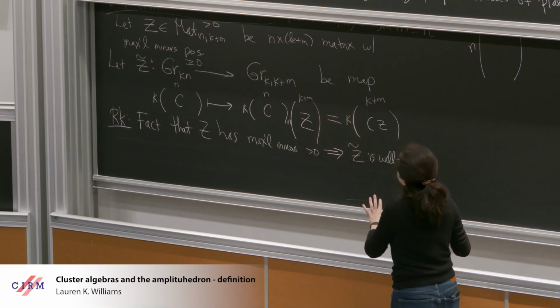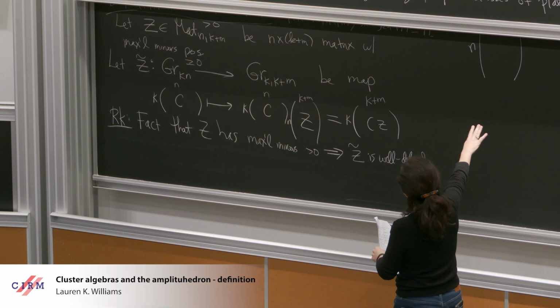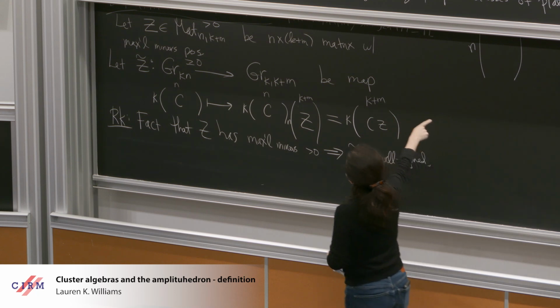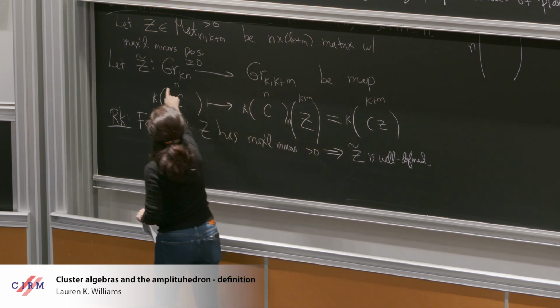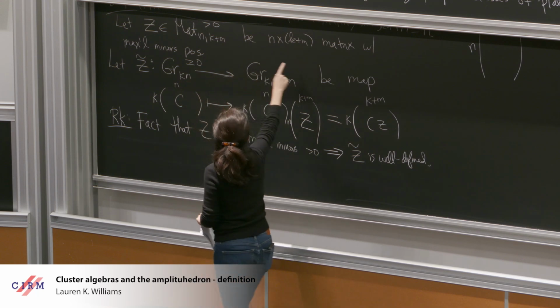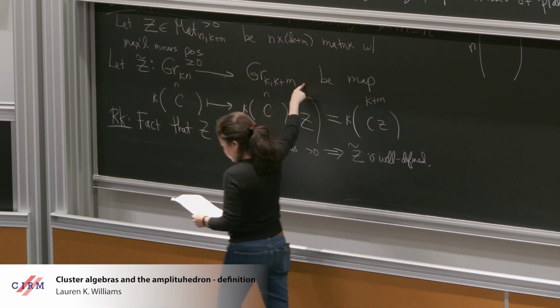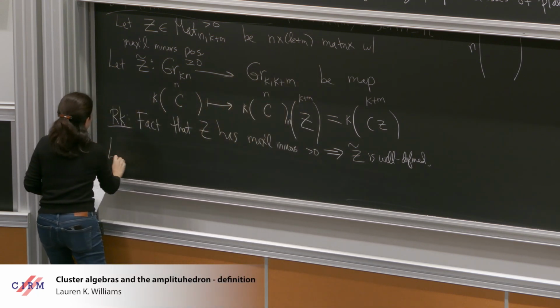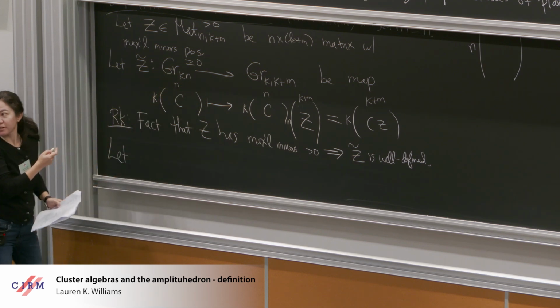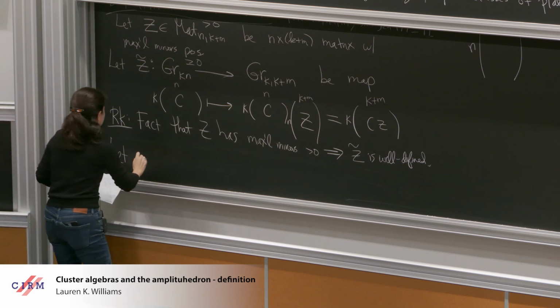So what I've done so far is fix n, k, and m and a matrix Z, and then define this map Z tilde from this Tn Grassmannian to a related Grassmannian. And now what's the amplituhedron? It's going to be the image of the Tn Grassmannian under this map.